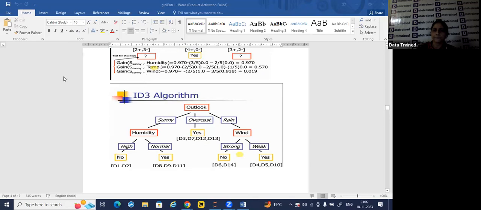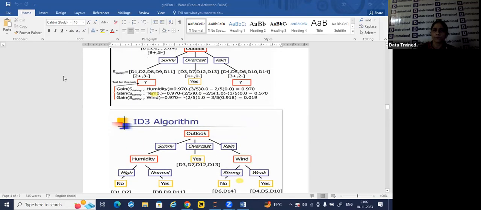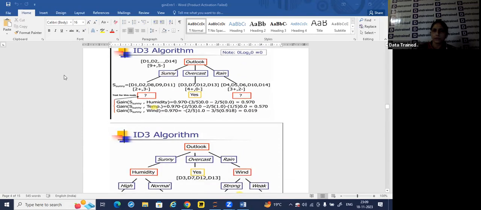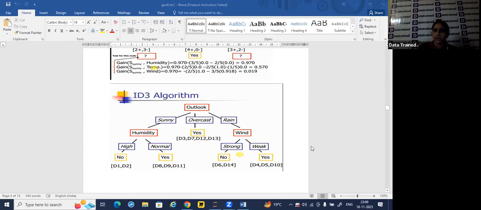Just see in this way. This is calculated for the outlook. So outlook is the root node, then humidity, and then wind.